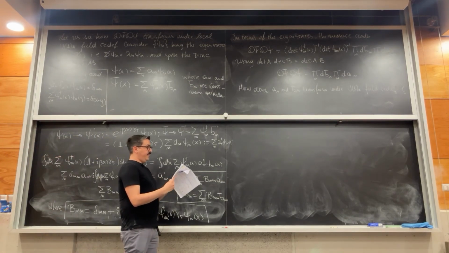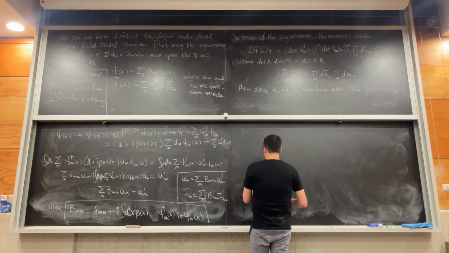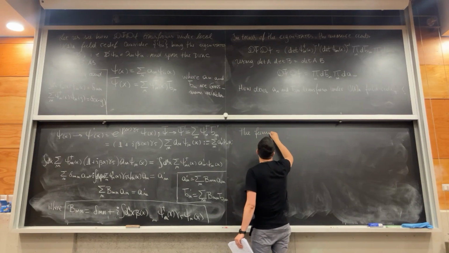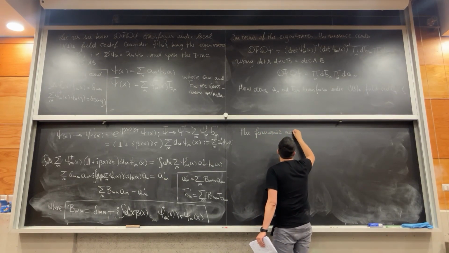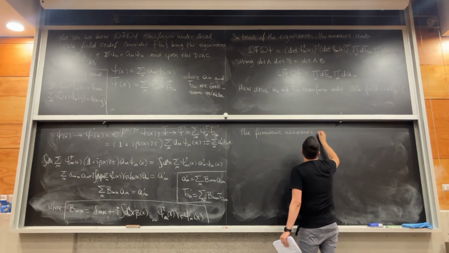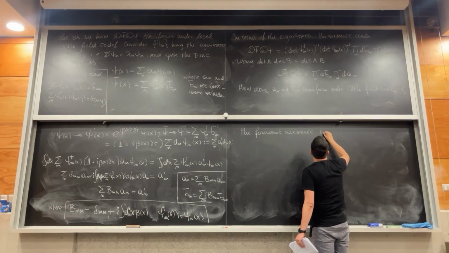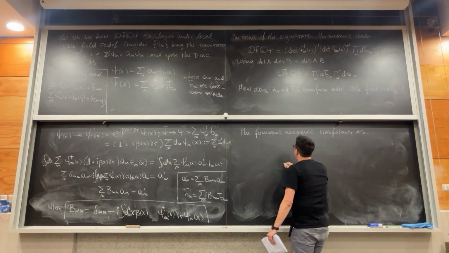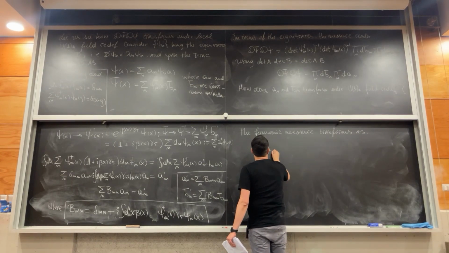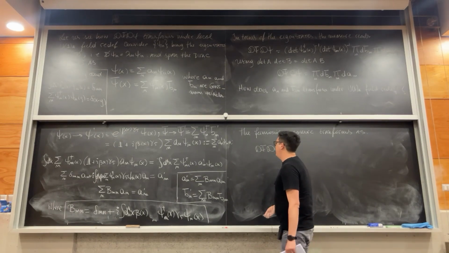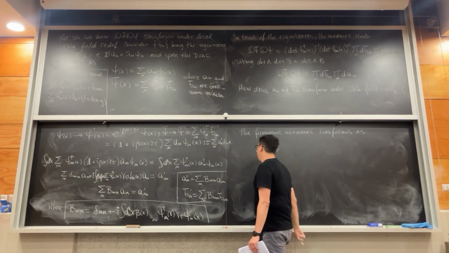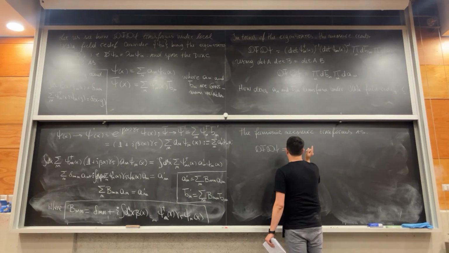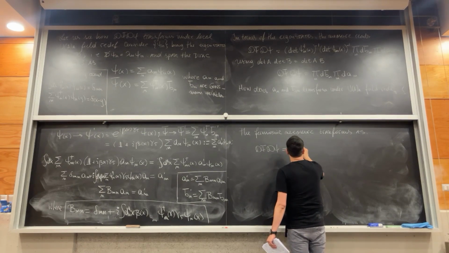Okay, so at the end of the day, the fermionic measure transforms as, and in this case, you will have a determinant of this transformation matrix from each of these pieces, and so you will have two determinants, but they are the same, to the minus 1.